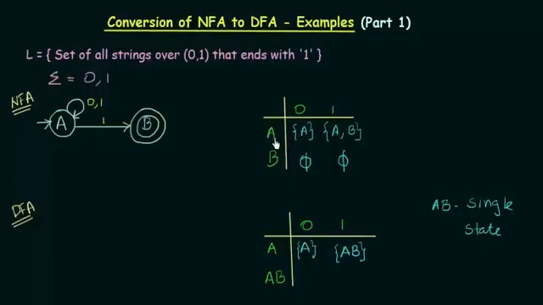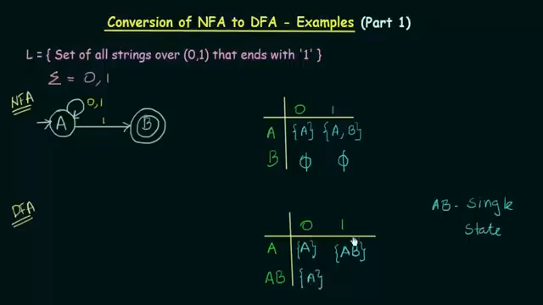So in order to see where AB goes on getting input 0, you have to perform the union operation of A and B. We have already discussed the union operation in the previous lectures, so I hope you remember that. A union B on input 0 means union of A and phi, and the union of A and phi is A. It's only A. Alright.